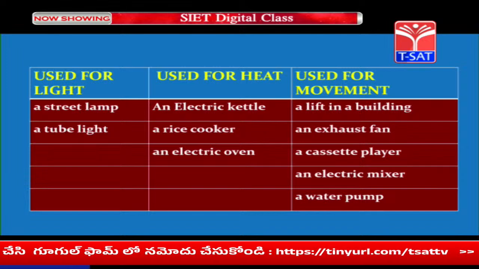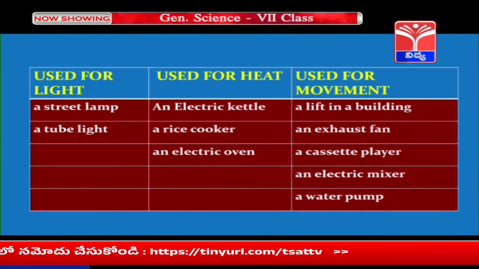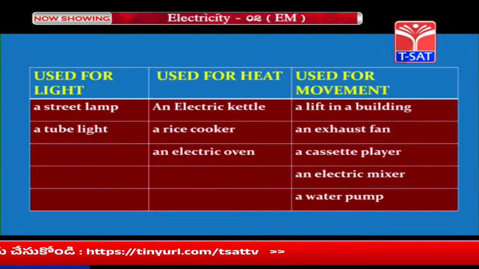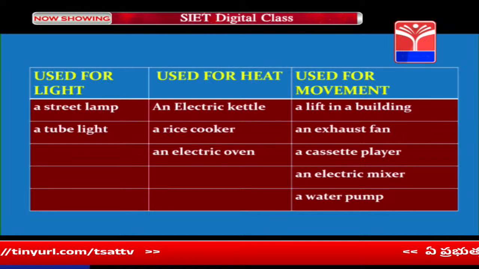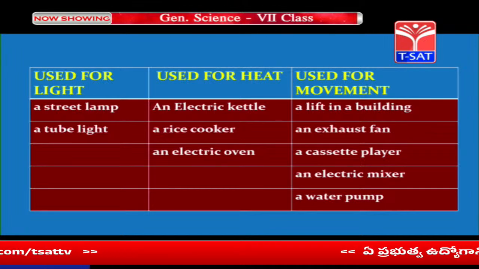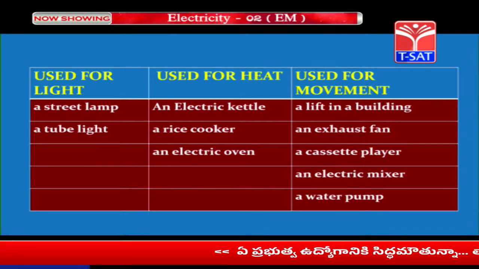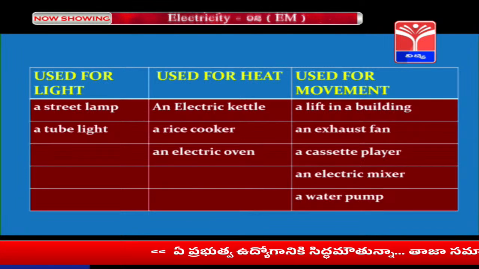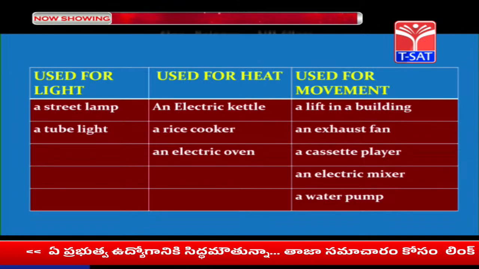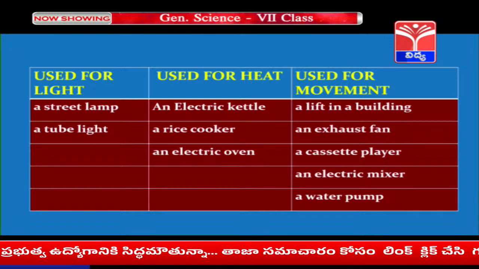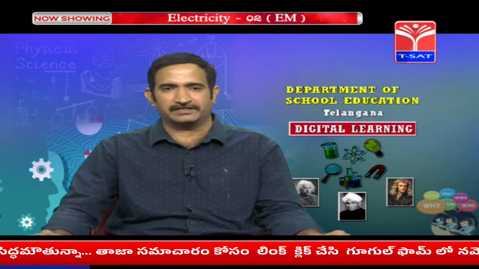Used for heat are electric kettle, rice cooker, and electric oven. Used for movement are a lift in a building, an exhaust fan, a cassette player, an electric mixer, and a water pump. Now children, I think you have all done this correctly.